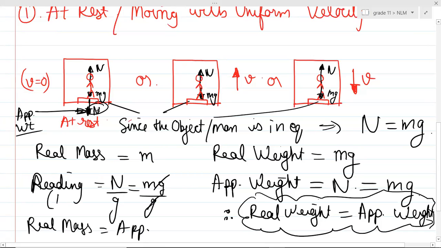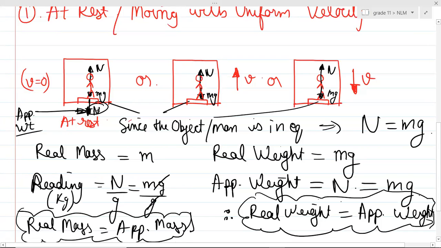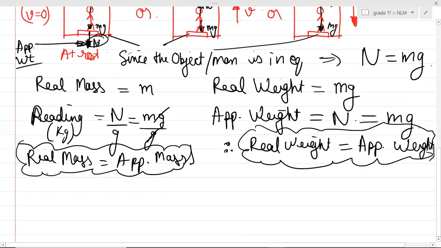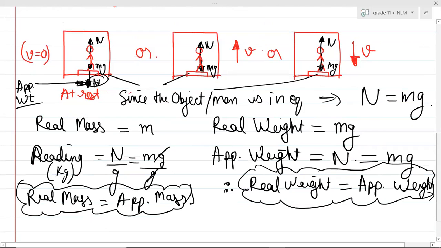This reading is the mark which will appear on the machine, right? Is this clear? Any doubt in this first case? Please write it. We'll start with the second case now.